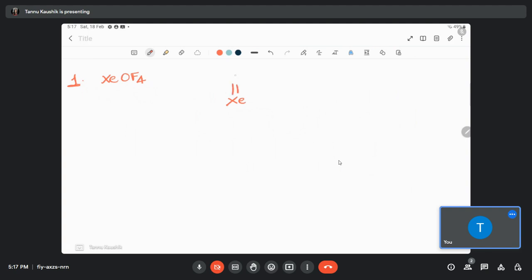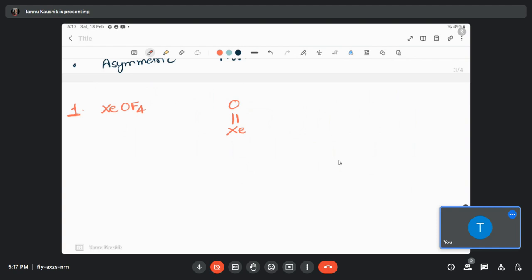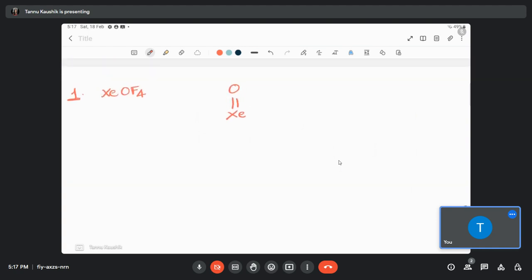So it will have, we can say, a square pyramidal kind of structure.